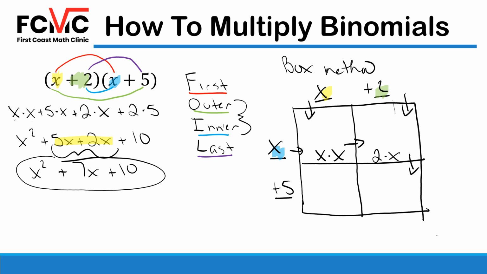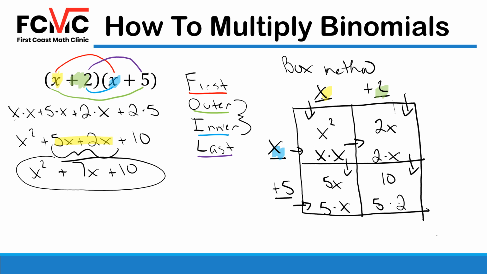Then I'll multiply the 2 down, and I'll multiply the 5 across, and I'll multiply the x down, so this x all the way down, and this 5 across, and then write my result. X times x is x squared. 2 times x is 2x. 5 times 2 is positive 10, and 5 times x is 5x.